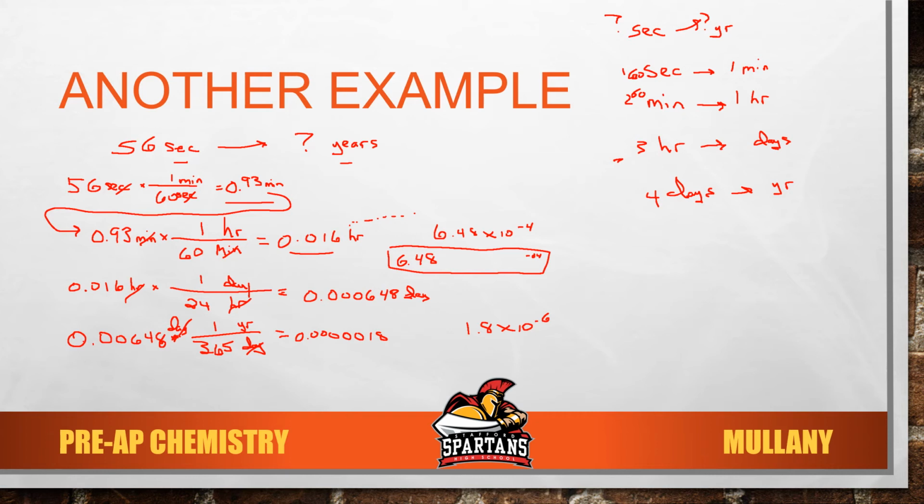There's our negative 6. Good. So this is the answer, except you always write your unit down, which is years. So here's the answer. Do you see how it was the exact same thing every time? What you're given times the fraction equals new unit. Take that times your fraction equals new unit.